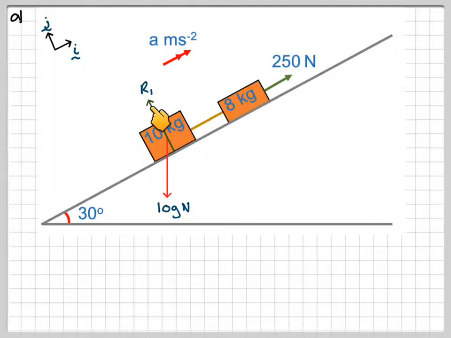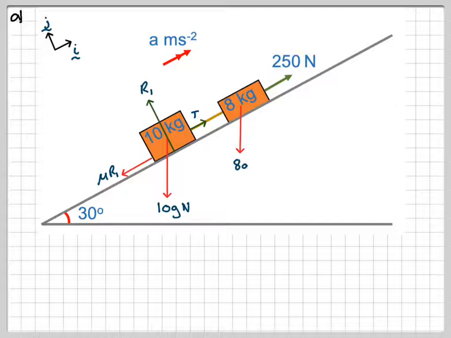We have to have two different normal reactions, because these will be different for each block. So we'll call this one R1, and then we have the frictional force acting downwards because the block is moving up the slope. We're going to call that mu times R1, which is how we find friction. And then we'll have the tension in the string attached to the 8 kilogram block.